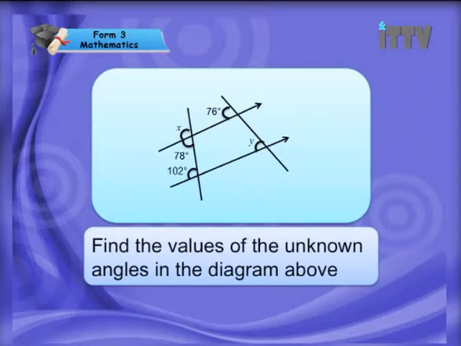Let us solve for angle X first. When you look closely at X, we find that X and the angle 102 are corresponding angles. Therefore, the value of X should read 102 degrees.